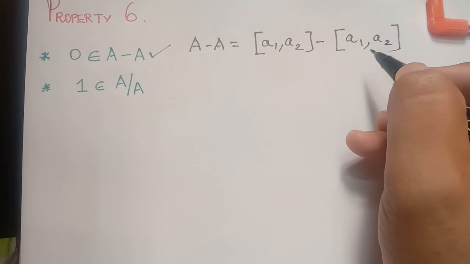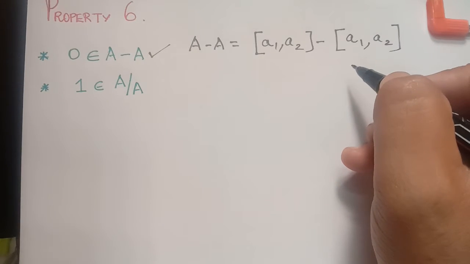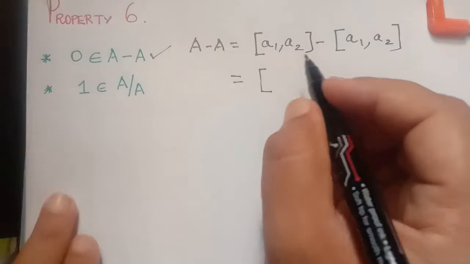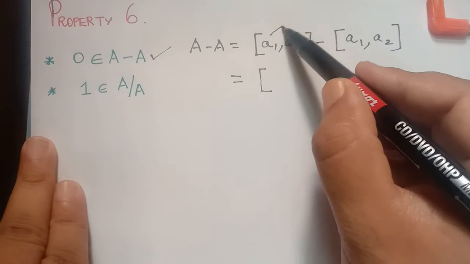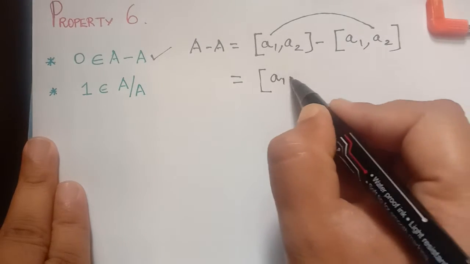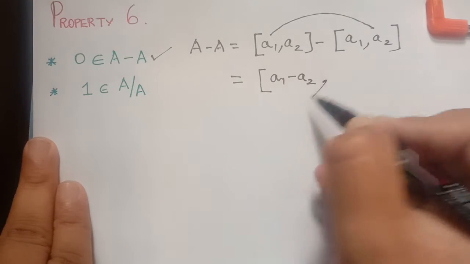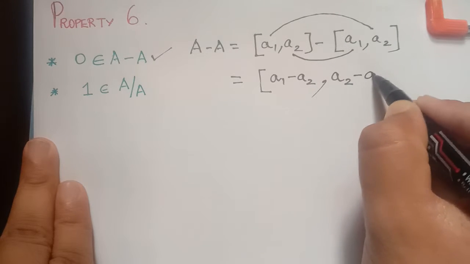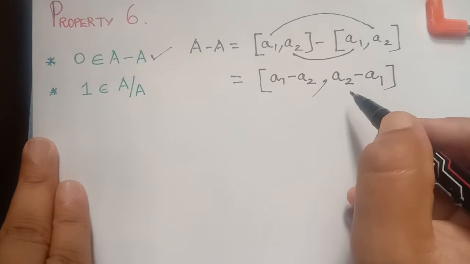By using the subtraction rule we obtain this to be equal to the closed interval. We have to subtract a1 minus a2 first, so it will be [a1 minus a2, a2 minus a1]. This is by the subtraction rule.